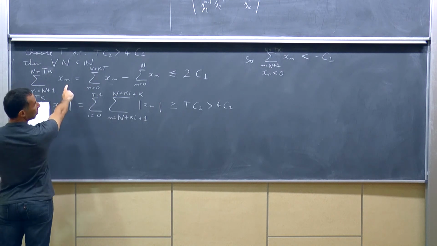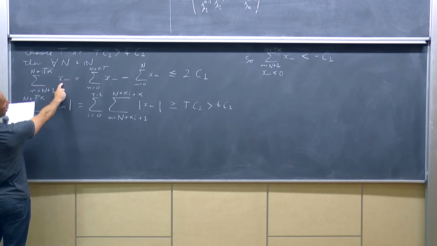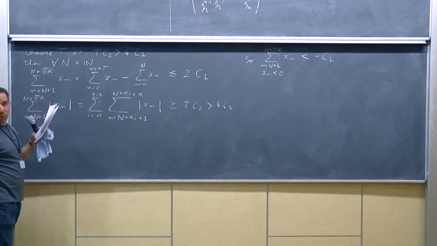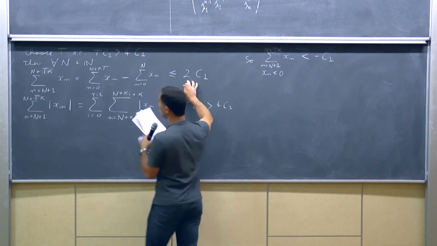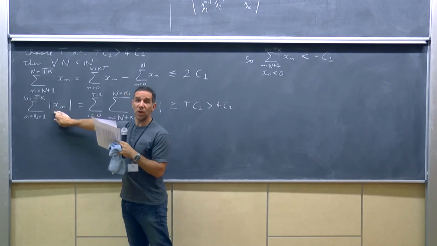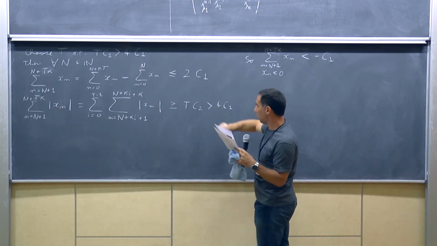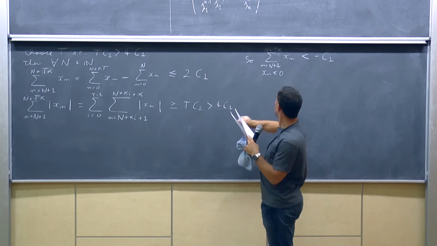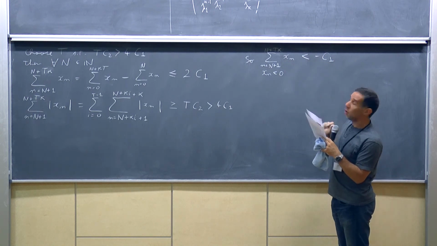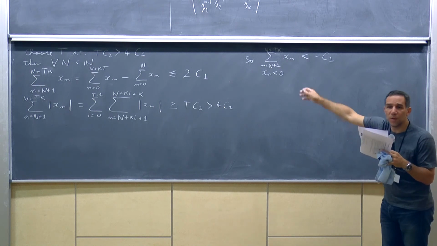When you look at this sum, you're summing over numbers that are negative and numbers that are positive. In aggregate, when I sum all these numbers, the positive and the negatives together, I'm below 2C1. When I sum the absolute values, that includes all the positive numbers, plus the negative numbers that have been made positive, this is bigger than 4C1. So I'm claiming that if you sum over just the negative numbers, you're going to be below minus C1. Otherwise, you immediately derive a contradiction.